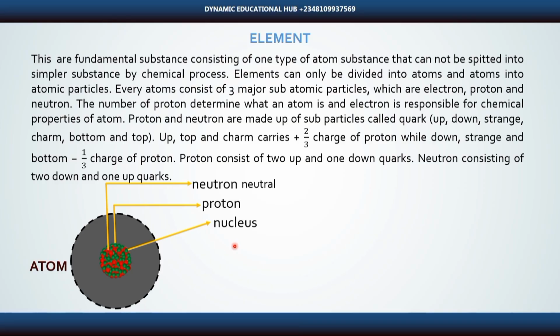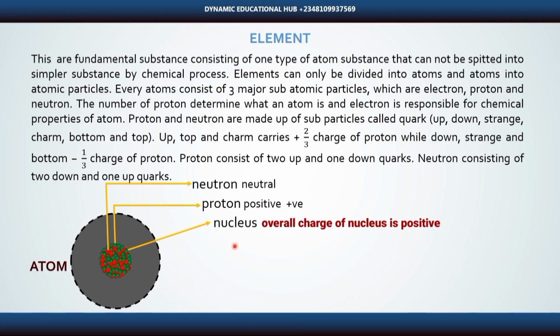I'm just using green color to show proton here. Proton, positive charge. P for proton, P for positive. Proton is positively charged, with a +1 charge. The two of them together are called the nucleus.